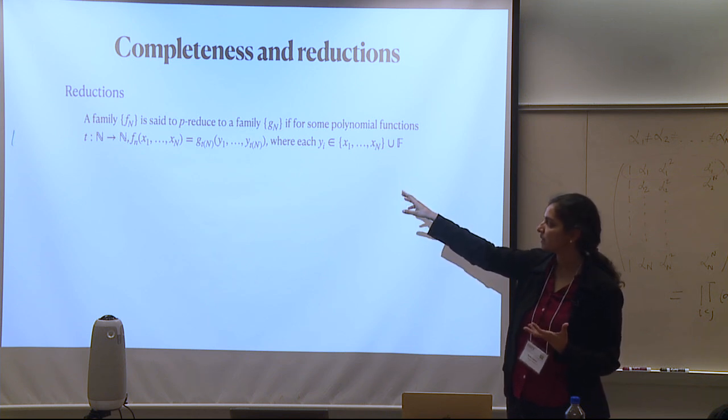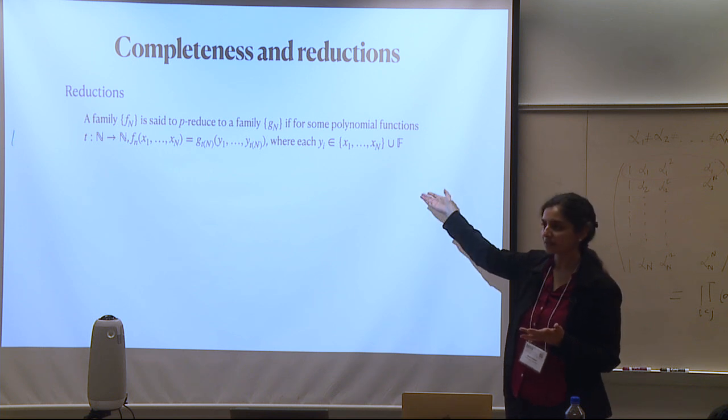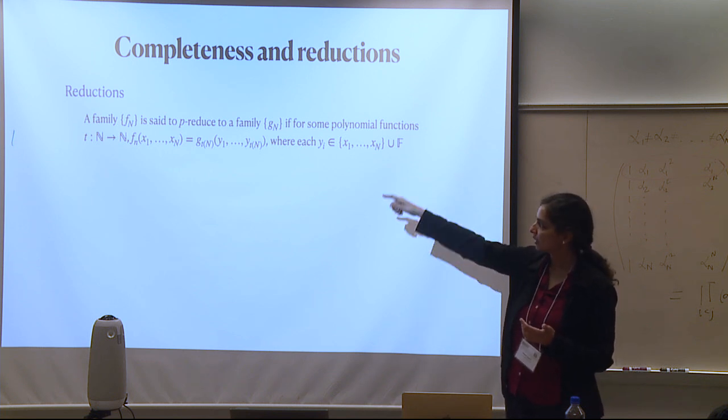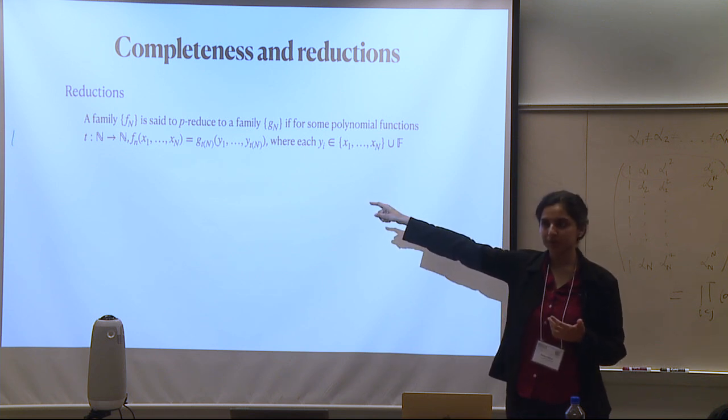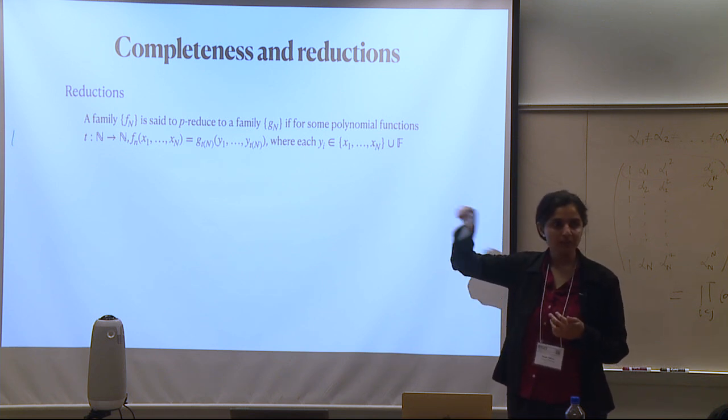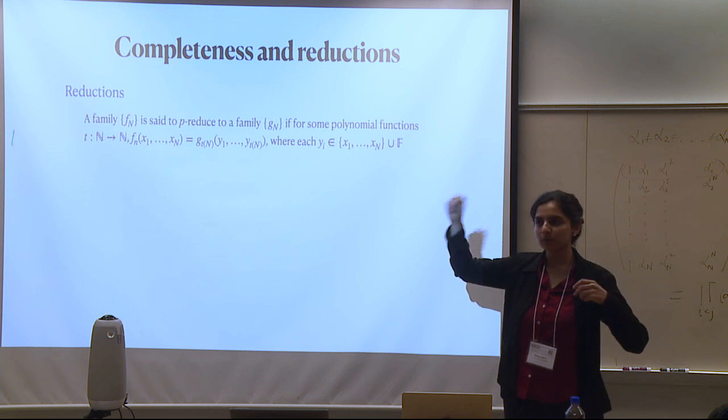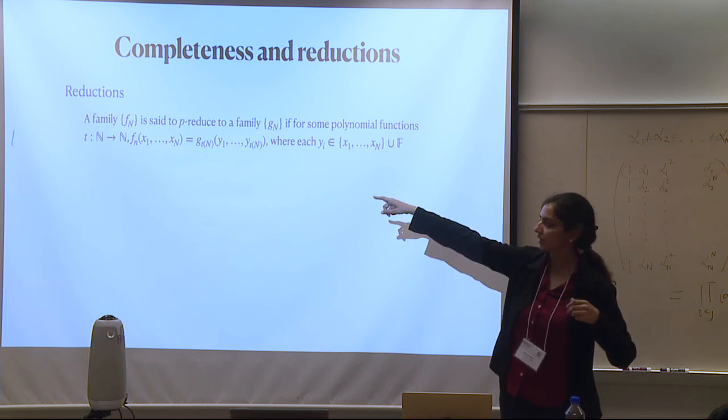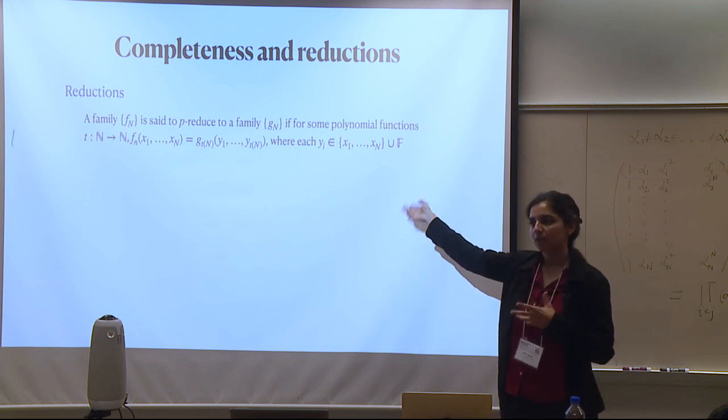The variables could be substituted with x or field constants, whatever you like, but overall it should be able to compute that polynomial. So if there exists a projection of its variables under which it computes the other polynomial, then it's said to be reducible.